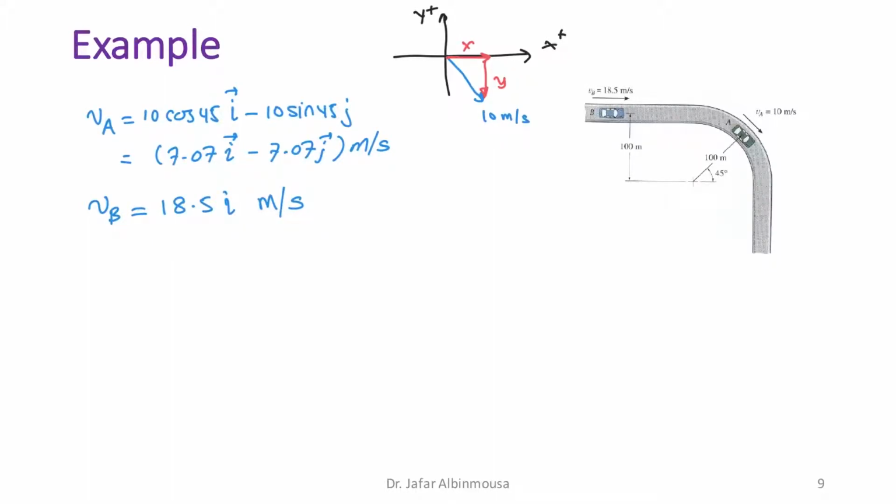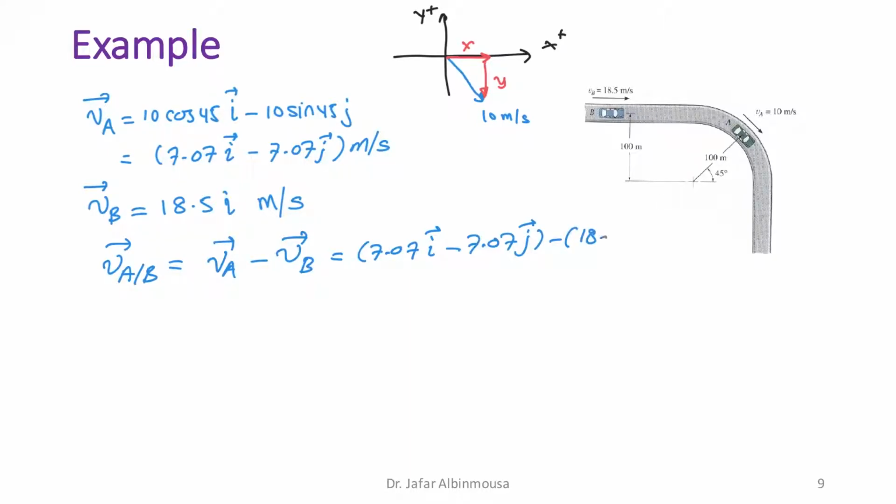Now to calculate the relative velocity requested, v_A with respect to B, this is basically equal to, and by the way, sorry, I forgot to write down the arrows over v_A and v_B because they are vectors, v_A minus v_B, which is equal to 7.07 i minus 7.07 j minus 18.5 i.